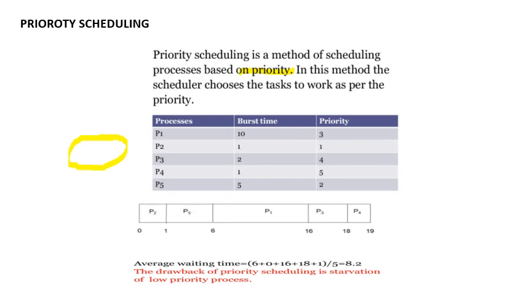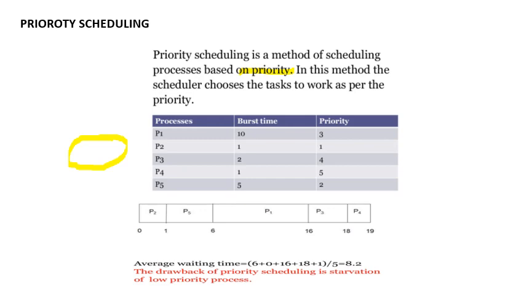So the high priority can be from the starting number or from the ending number also. In this example, P1 has priority 3 and P2 has priority 1.